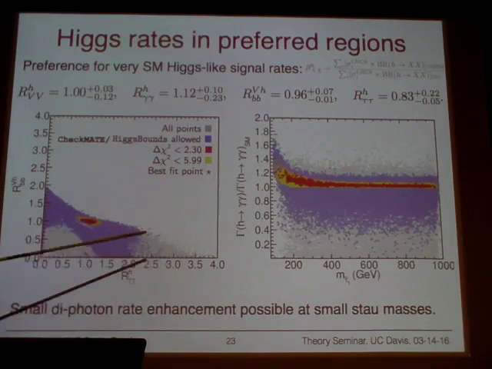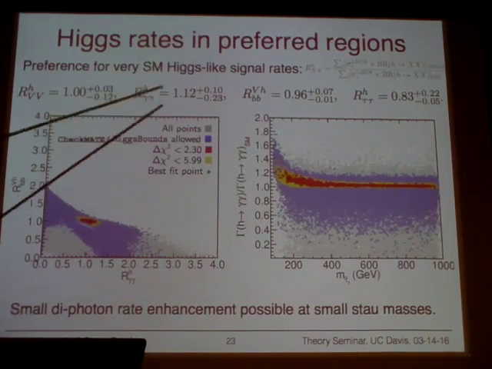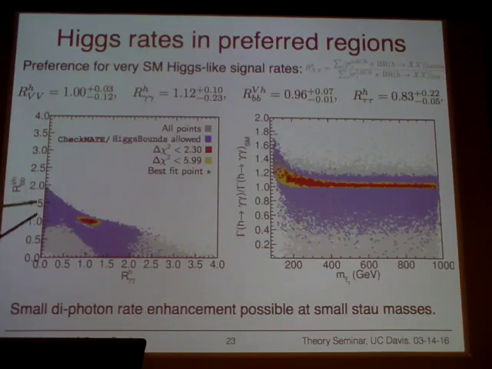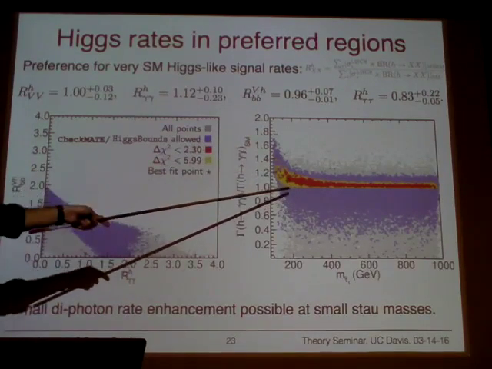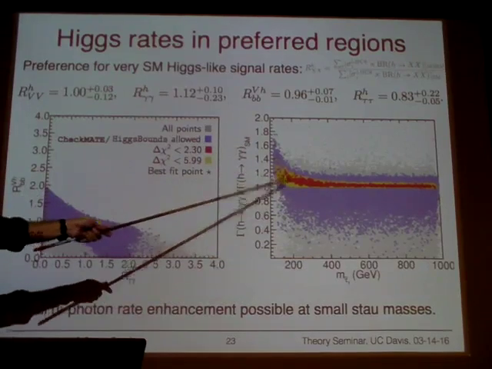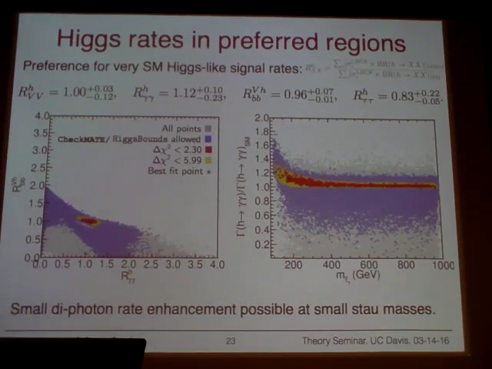There are basically two ways to get this enhancement. One is by suppressing the Higgs to b b-bar mode, which would enhance all the other decay modes, and also through light staus, where you can get a direct contribution to the partial width of the Higgs to gamma-gamma.